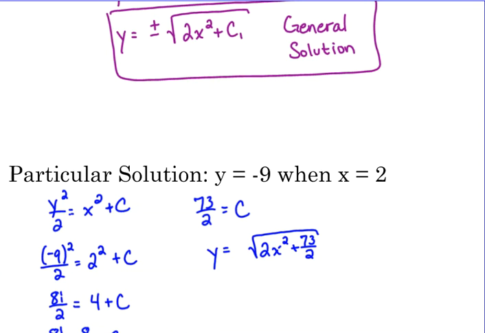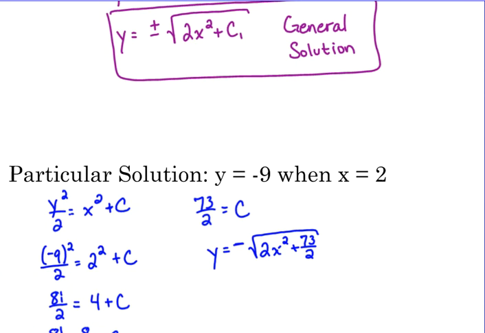It all depends on what that initial condition is. Based on this information, which one do you think it is? Negative, because y is negative 9. The only way you're going to get a negative answer out of a square root is if there was a negative in front of the square root to start with.